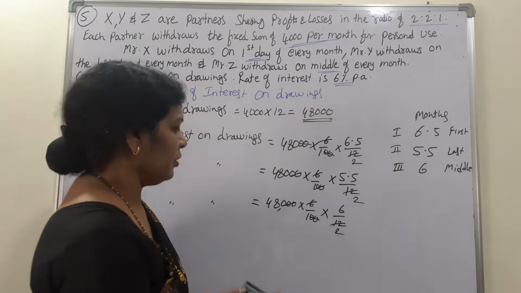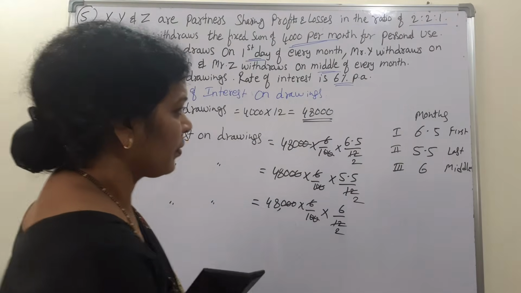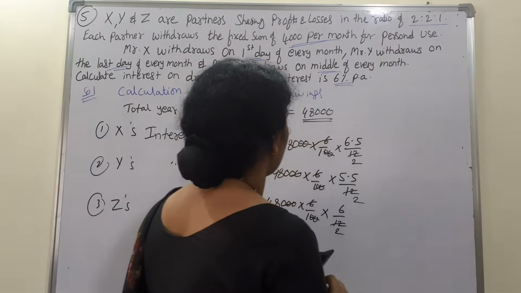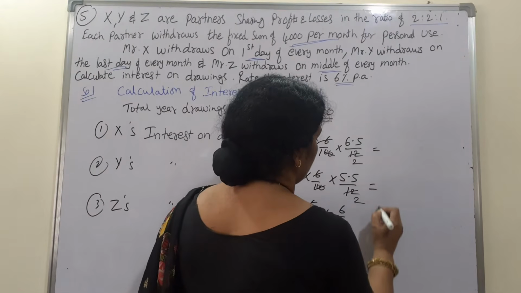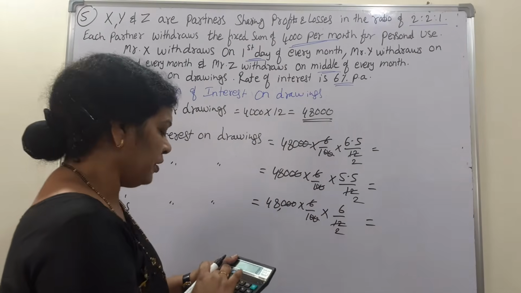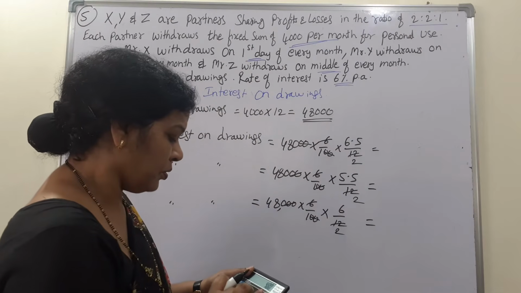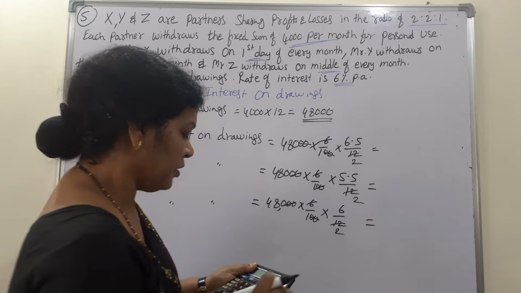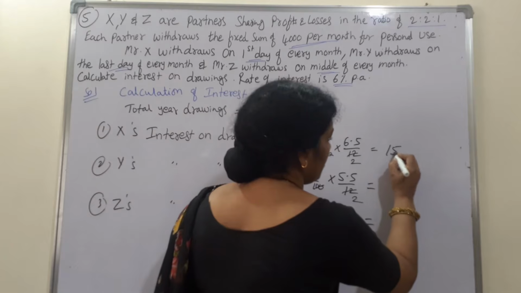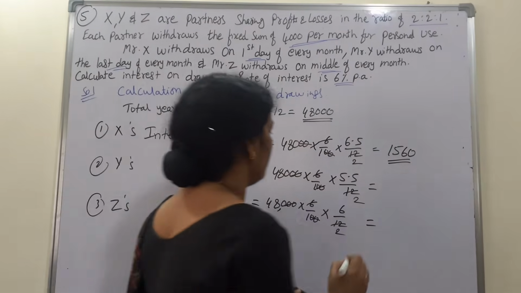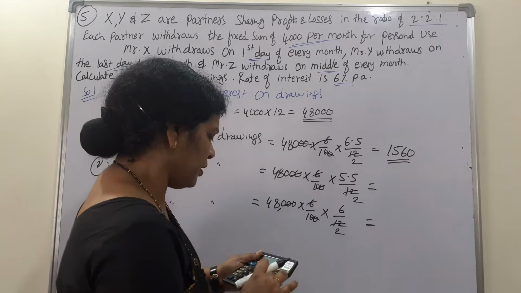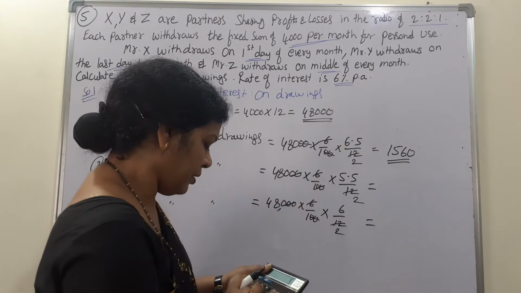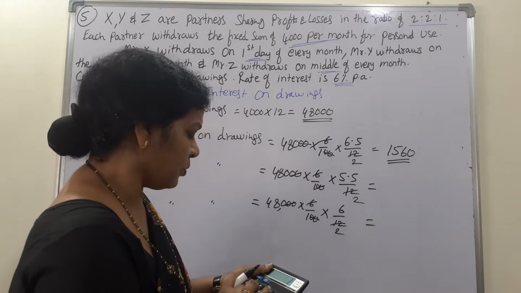We'll use the calculator. For 480 into 6.5 divided by 2, it is 1,560, the interest on drawings of A. In the same way, B is 480 into 5.5 divided by 2.